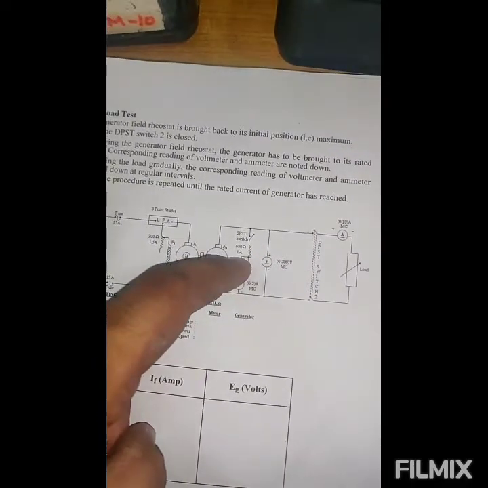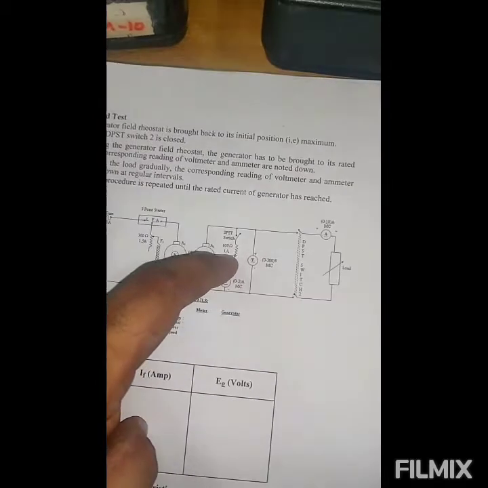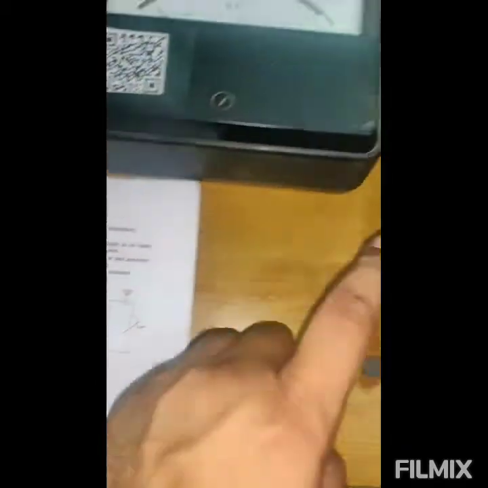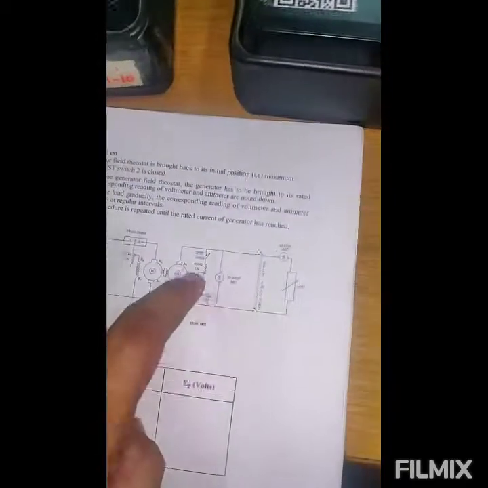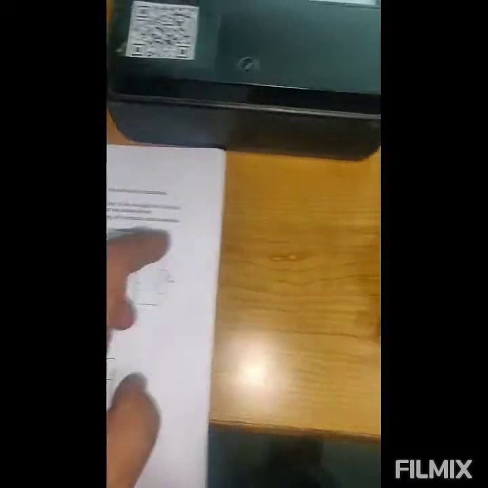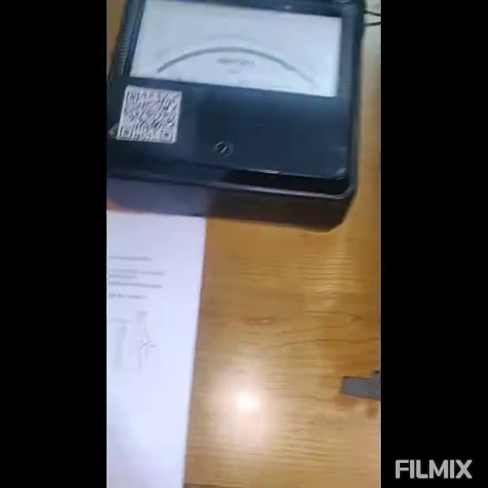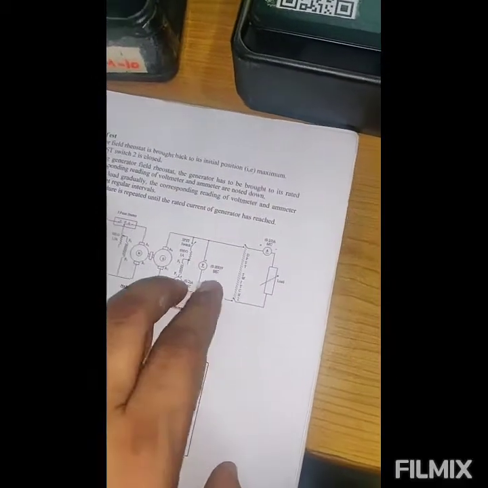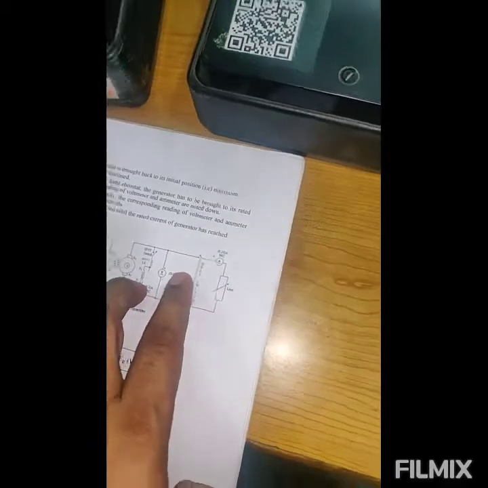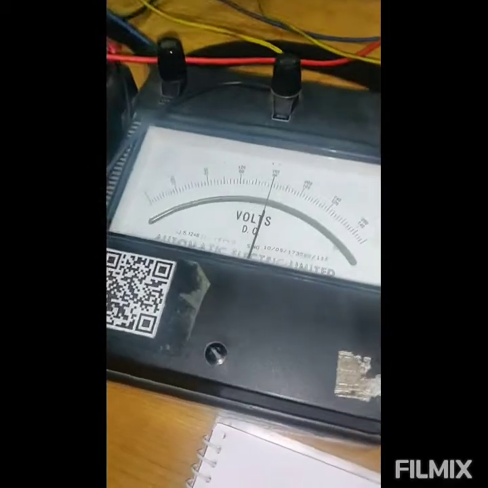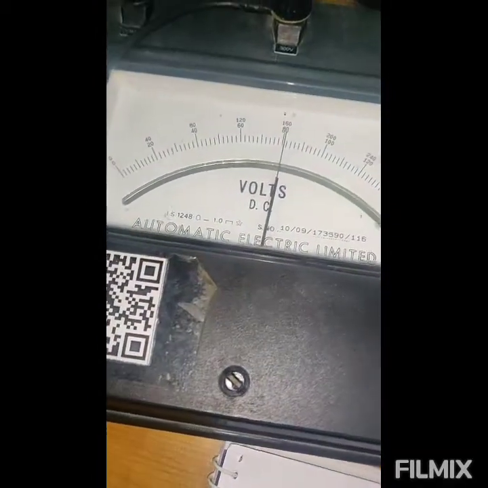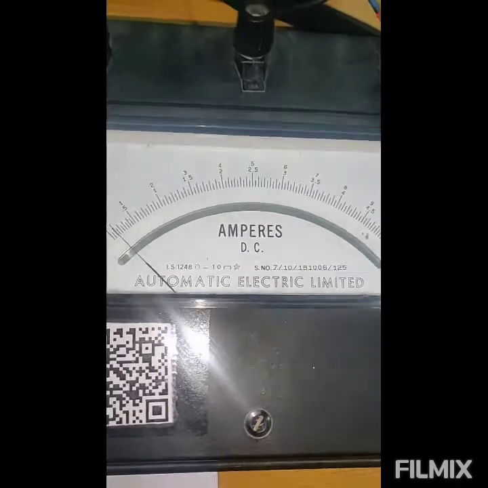This rheostat is at the maximum position now, and it resembles this one. If we decrease the rheostat value, the voltage and current value will increase. Right now it is at a position of 160 volts.